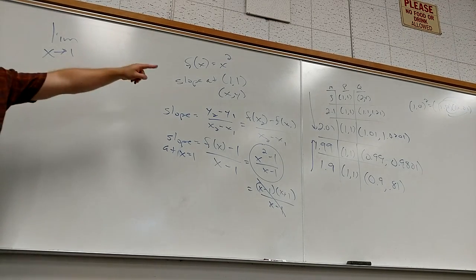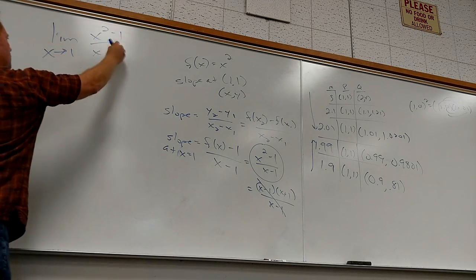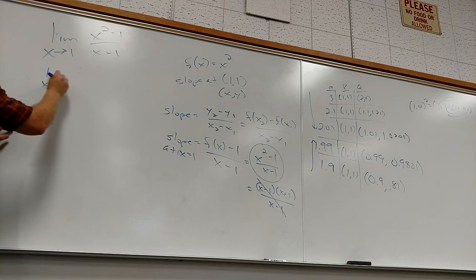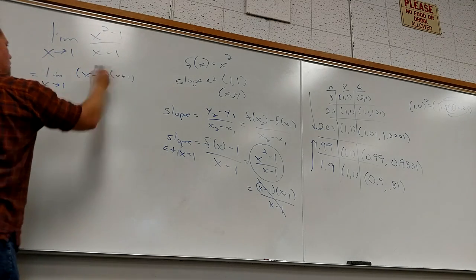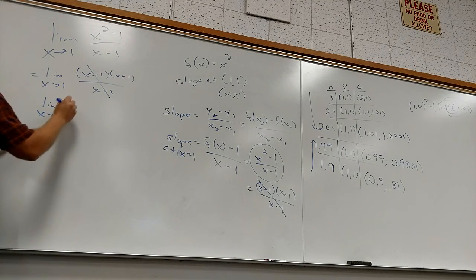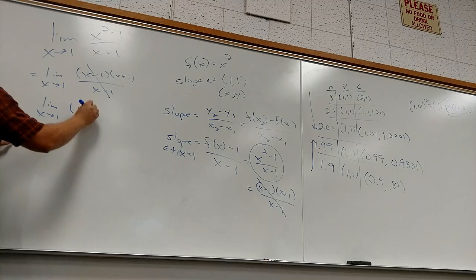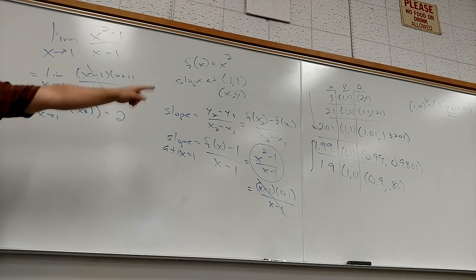I don't have to do it by guessing and checking. I can just do it by algebra. Factor the top. Cancel the problem. Now what happens to x plus 1 as you let x go to 1? Well, it becomes 2. So that jives with our observations.